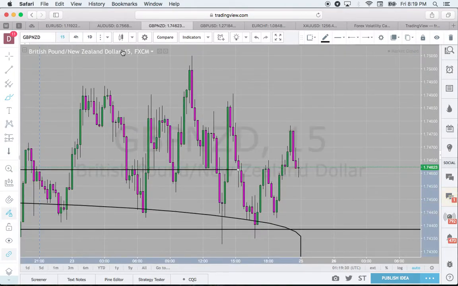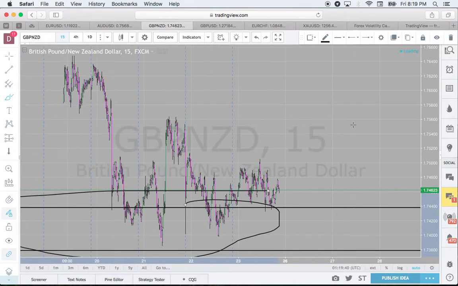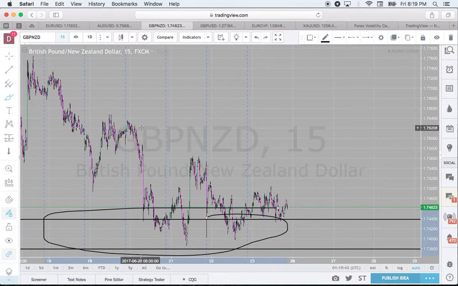There's groups that glorify 1 to 2, 1 to 3, 1 to 5 risk-reward ratios when there are trades that go into hundreds and hundreds of pips of profit with 10, 20 pip stop losses.